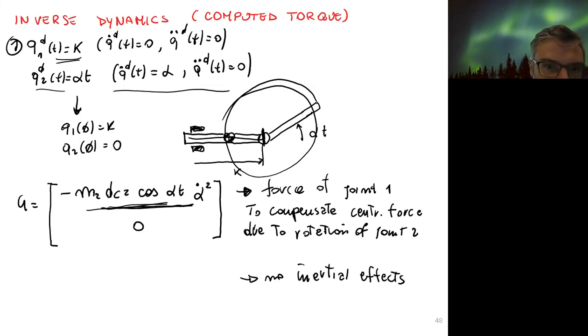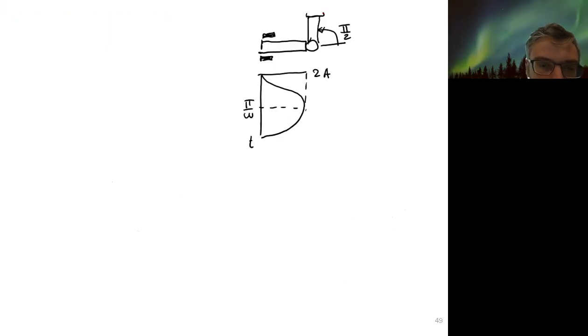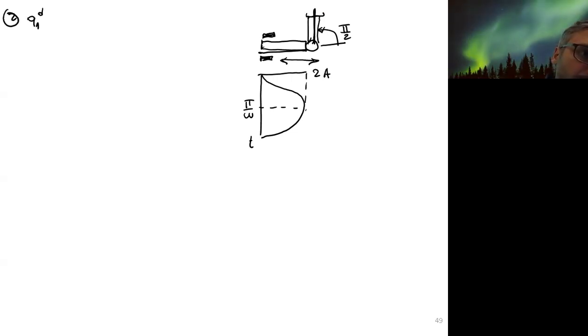Now let's see another example of motion where we keep the second joint still at 90 degrees and we apply a sinusoidal motion to the first joint. This sinusoidal goes back and forth, with a formula which is cosine of omega t.